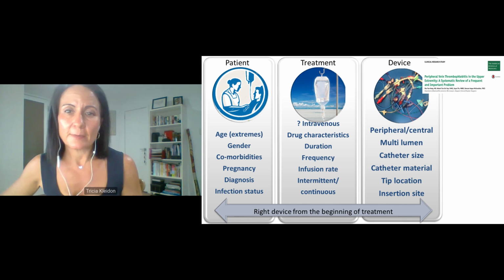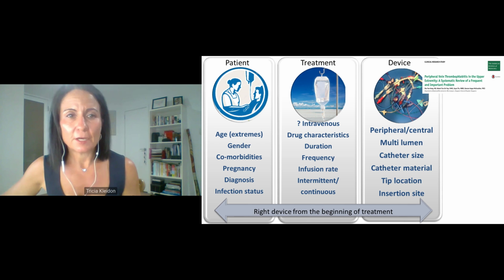So a recent systematic review by Heng, published about 18 months ago in the American Journal of Medicine, aimed to determine the predisposing patient, catheter and healthcare-related factors that contribute to peripheral vein thrombophlebitis in the upper extremity, and this was in adult patients. So the authors examined 25 full-text articles that they ultimately included in their final analysis.